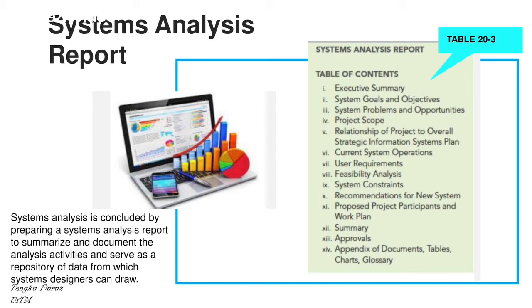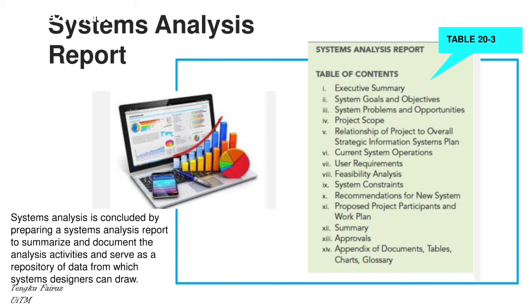They will conclude in this report, summarizing and documenting the analysis activities, and it will serve as the repository of data from which system designers can draw, and can also be used for the next stage. If you remember in figure 20.1, the next stage is the conceptual design.